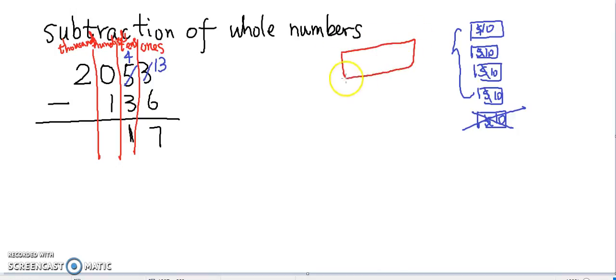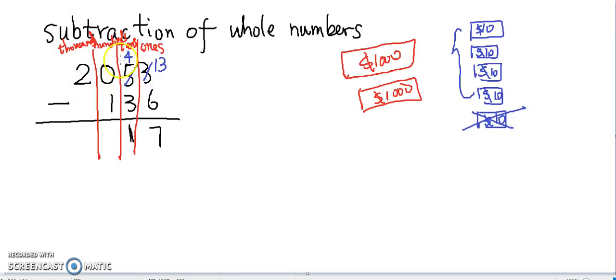You have a $1,000 bill and another $1,000 bill, because this 2 here means thousands, 2,000s. And this 0, we don't have any $100 bills. If you want to subtract 1, you cannot do that. But we have 2 $1,000 bills.